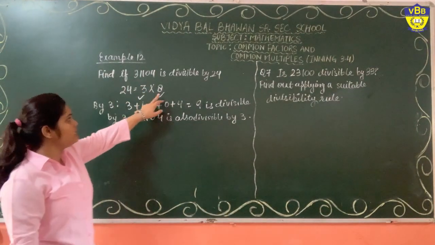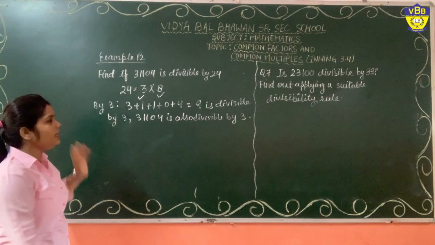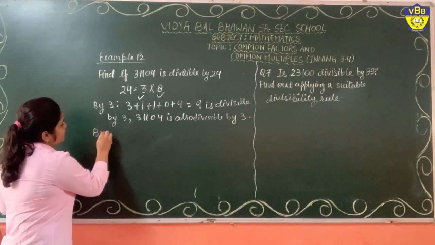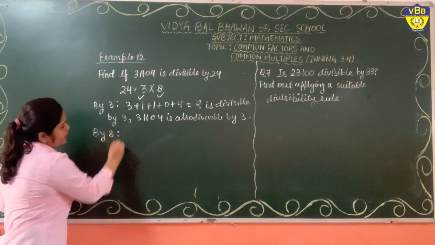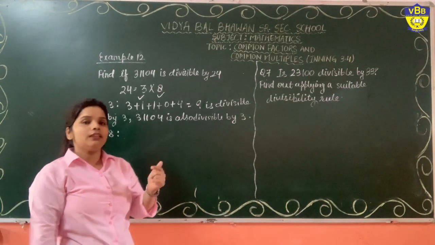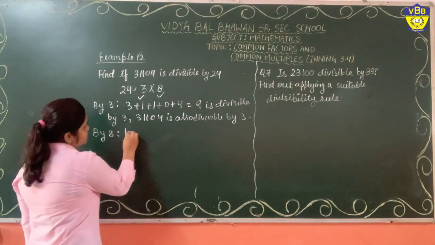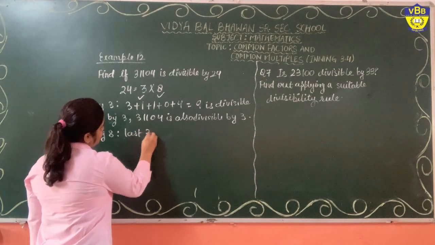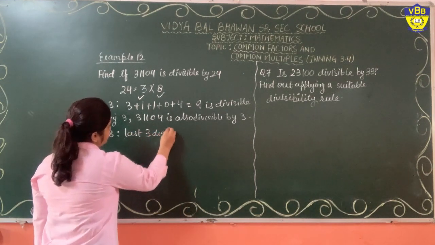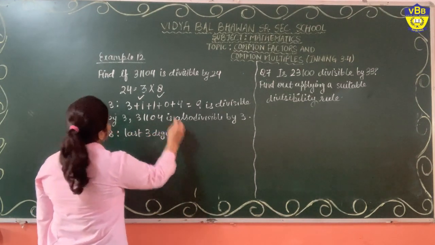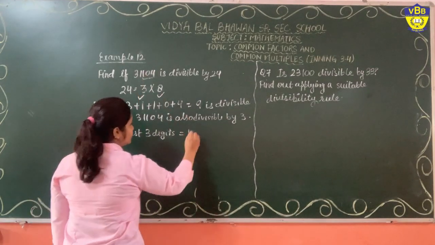Now the next one is 8. What is the rule for checking whether a number is divisible by 8? We need to check the last 3 digits. The last 3 digits of the number are 104.